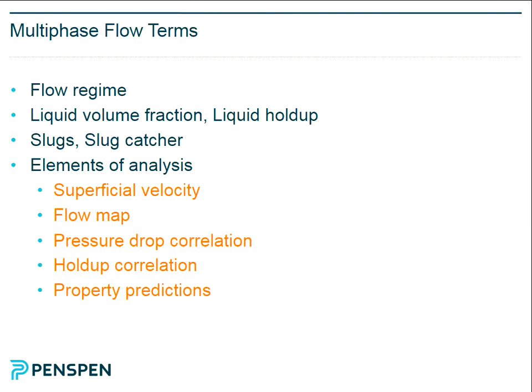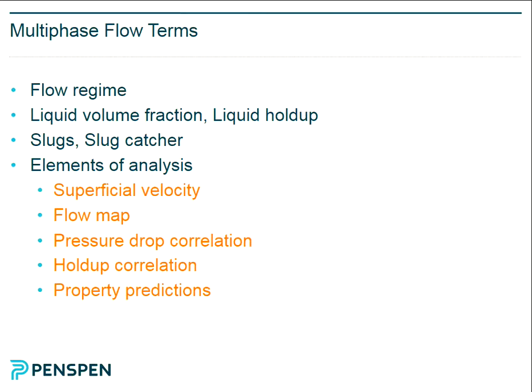Liquid hold up can be expressed in terms of barrels, in other words, a total value, or just a fraction. So at any particular point of the pipeline, the little bit of pipeline that we're referring to, which has this slope, 0 will be no liquid, 0.5 will be half of the pipeline as liquid, basically. So you can see when it's sloped down and up, the hold up changes quite considerably.